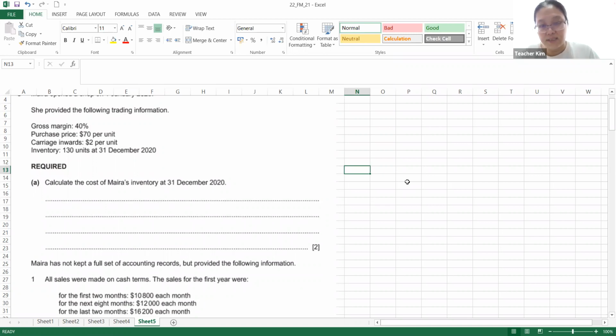So we use a simple income statement. We have revenue, less cost of sales. We have opening inventory, we have purchases, we have the carriage inwards.